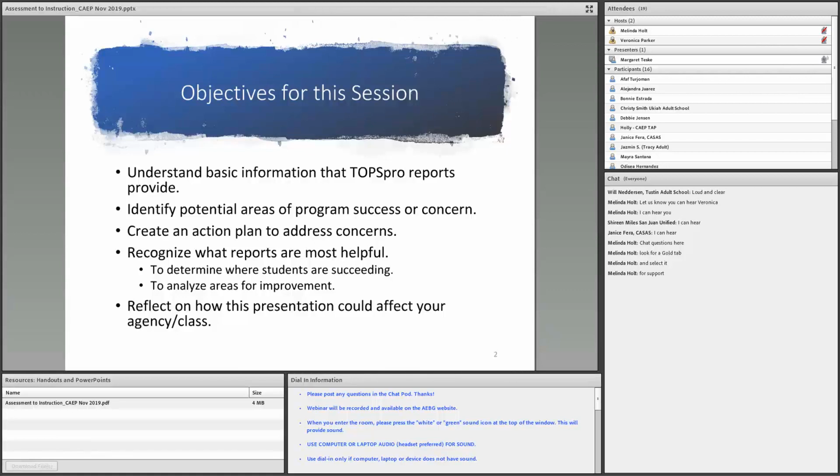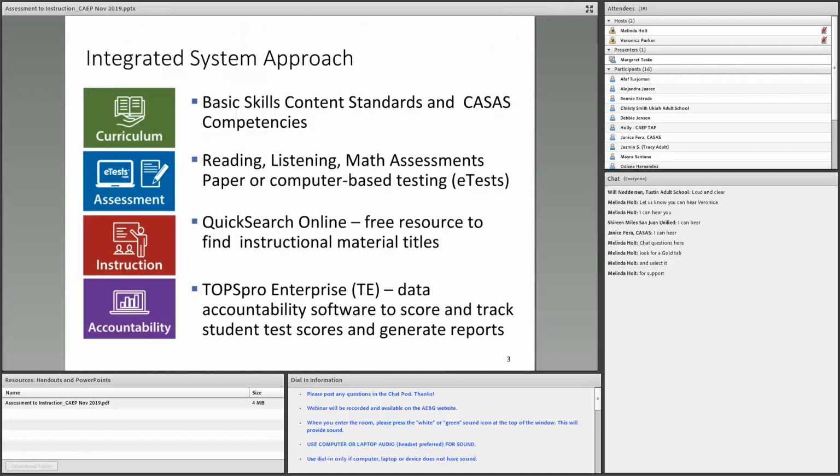That's what you would do at your agency after this. And look at what reports are the most helpful for students and for teachers to analyze areas for improvement, as well as for administrators to look at areas for improvement. And then at the end, reflect on how this presentation could maybe affect your agency, or if you're a teacher, your class.